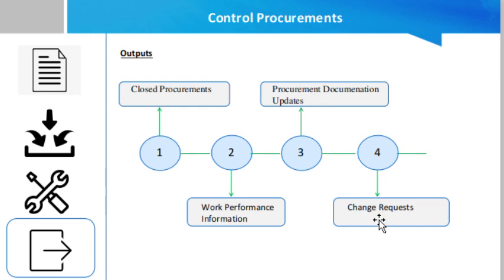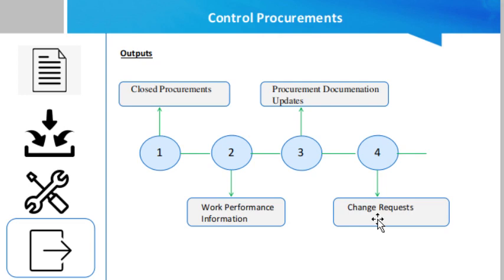Then change request. Change request means that the procurement was done as per the requirement. Now at that time when you are closing the procurement, basically you realize that there is some change request. Change request means that if there is a new requirement which was not defined in the signed scope of work, it shall be considered as a change request.